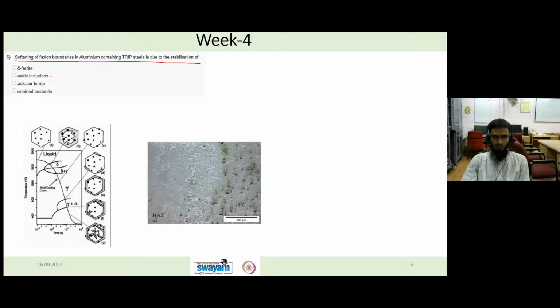But before the formation of delta ferrite itself, you can see these darker dots, which are nothing but oxide inclusions.